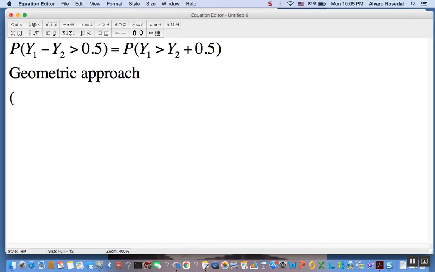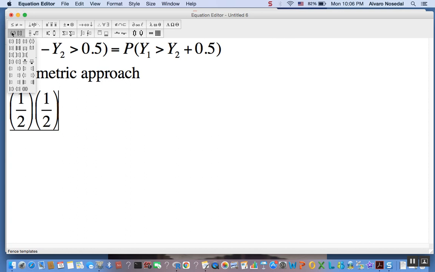So it's going to be 1/2 times the base of that triangle, 1/2, times the height, which is also 1/2, again because the area of a triangle is base times height divided by 2.